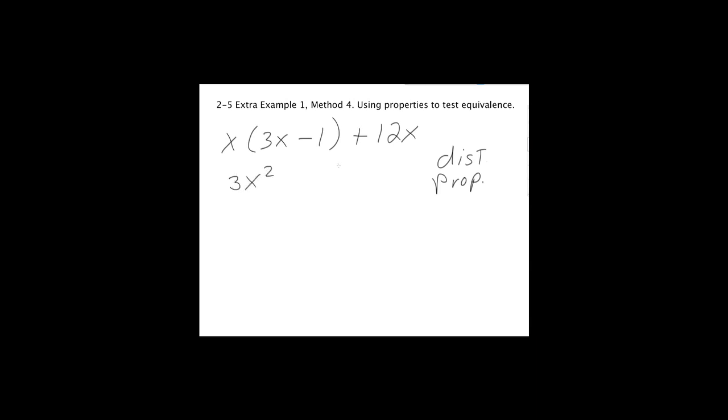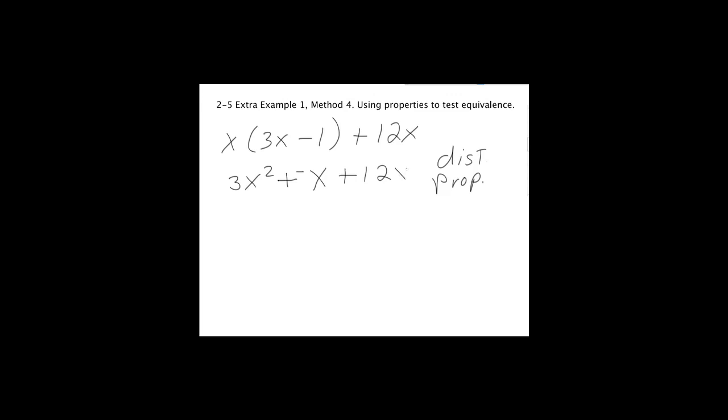X times a negative 1 would be negative x. I'm going to change this into addition using the algebraic definition of subtraction, in that 3x squared minus x is the same as 3x squared plus the opposite of x. Then I still have this plus 12x.